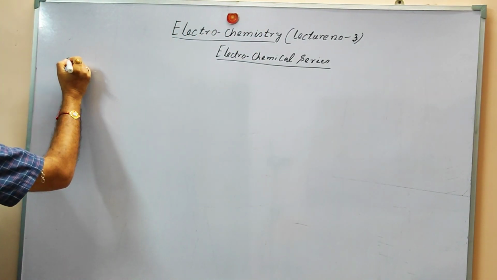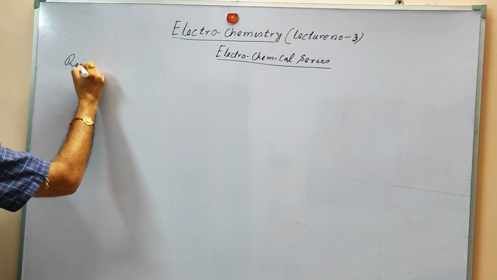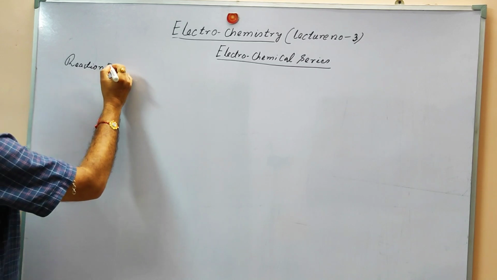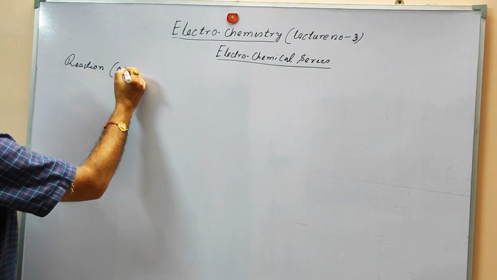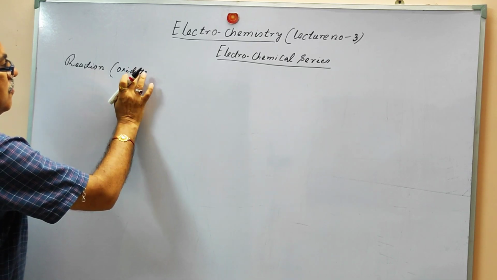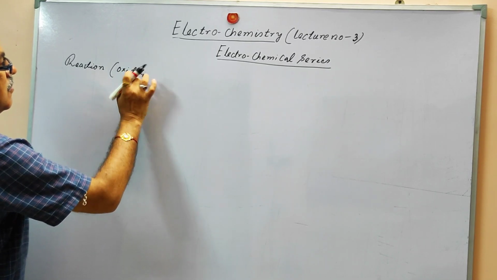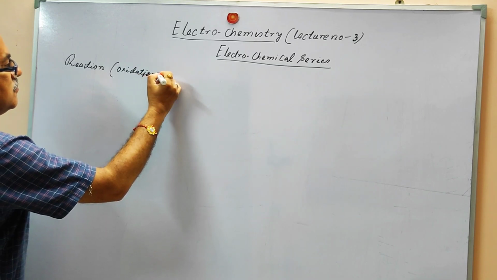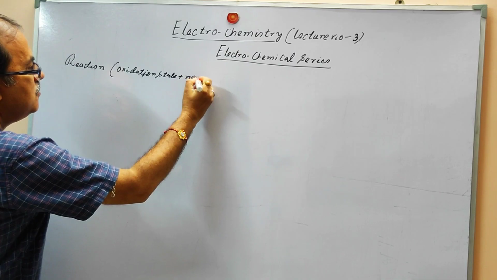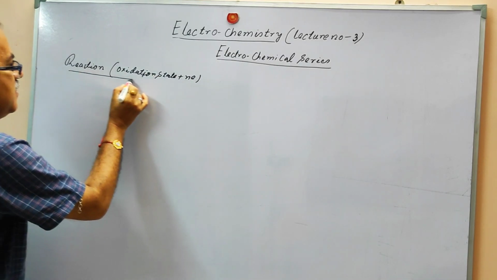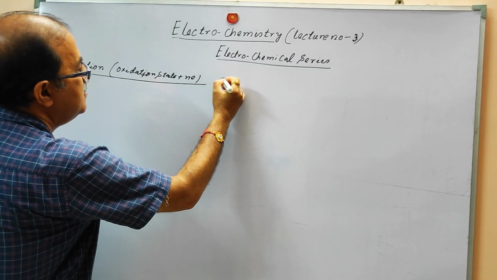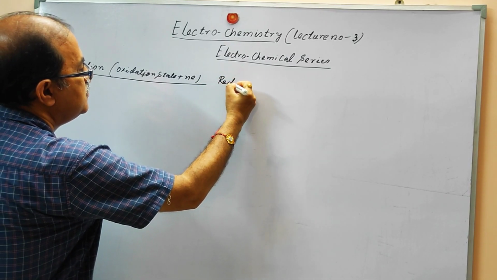In the table, you will find that one reaction is given. In the reaction, on the left-hand side you will find the oxidized state of the species plus the number of electrons, and on the right-hand side you will find the reduced state.